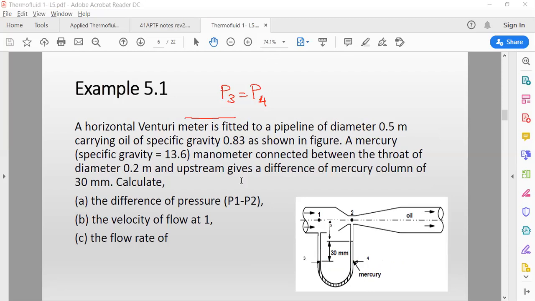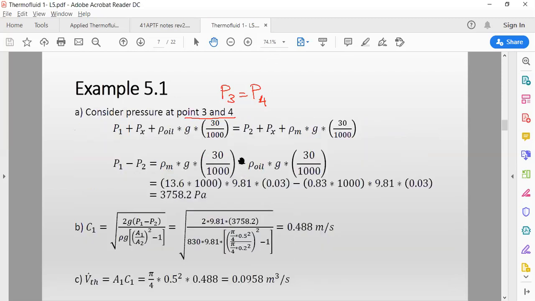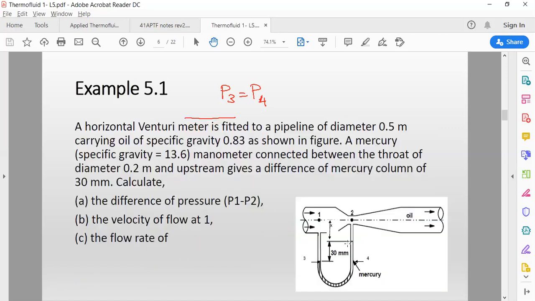So P3 equals P4. What is P3? P3 is everything that is above it. So what is above P3? Let's look at the diagram again. Above P3 will be 30 mm of this, X of this, and P1.